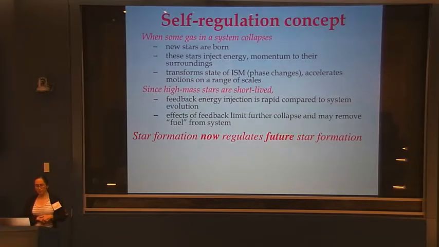So because these massive stars inject their energy relatively quickly after star formation, there's a correlation in time. This means that when stars start to form, their feedback can actually prevent future star formation. So the star formation now is limiting star formation in the future.